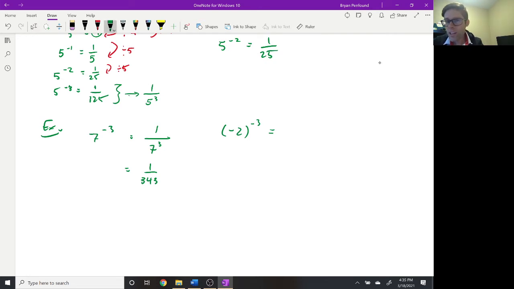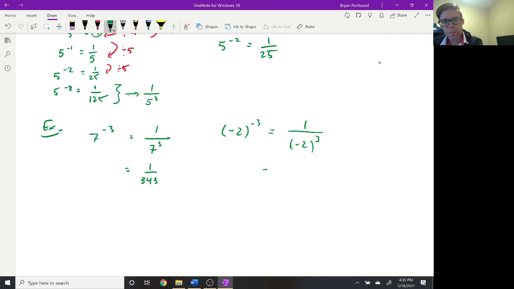Okay, if I could have an integer, so I could have something like negative 2 to the power of negative 3. How do I interpret this? Well, I interpret this again as a fraction, where there's a 1 in the numerator, and I keep the base, so negative 2 is the base. I keep the base, but I make the power a positive power.